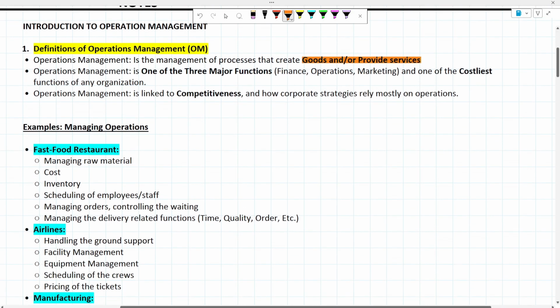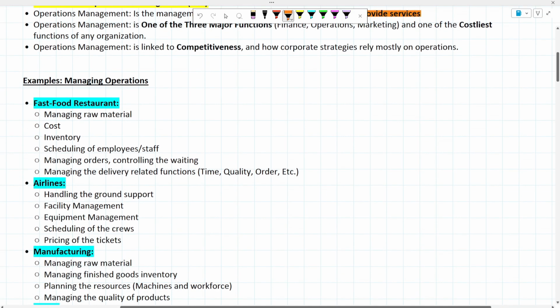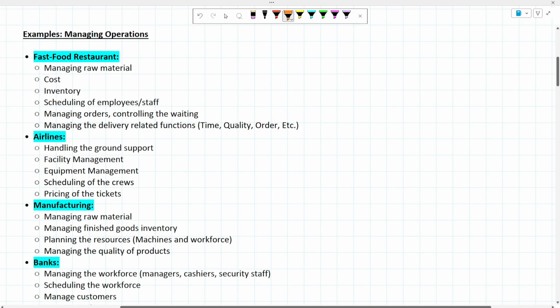So let's look at examples of managing operations. The fast food restaurant industry: managing raw materials, the cost, the inventory, scheduling of employees and staff, managing orders, controlling the waiting times, managing the delivery-related functions such as the time and the quality of the orders themselves, etc. The airline industry: handling the ground support, facility management, equipment management, scheduling of the crews, pricing of the tickets.